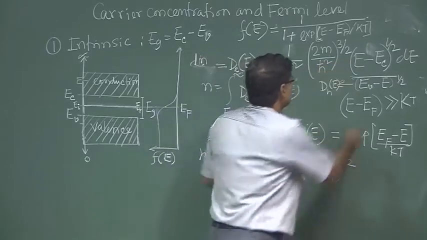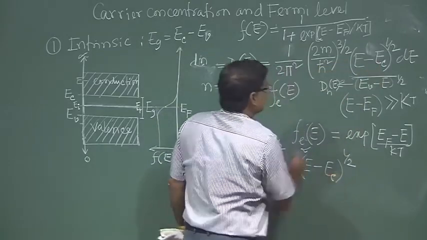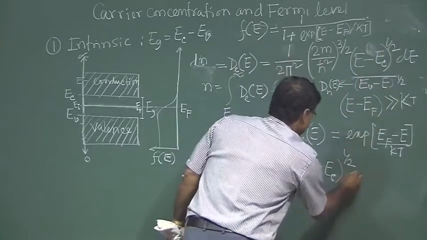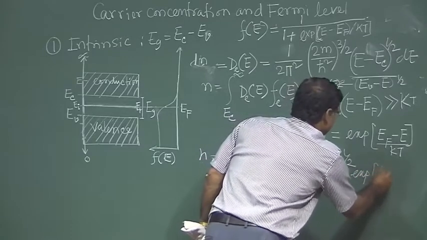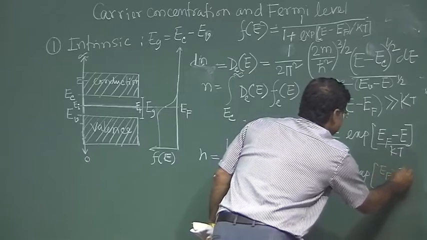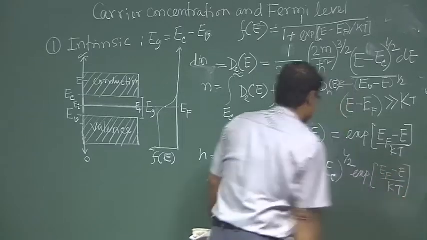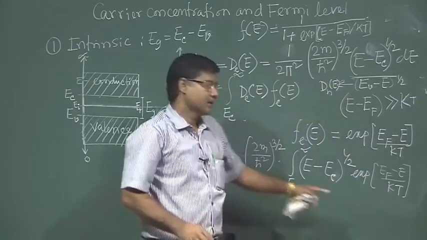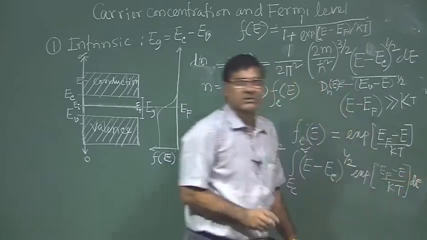E minus EC to the power half, and what I am getting here, exponential EF minus E by KT, okay, and dE. So, you will have this term dE, right. Okay.